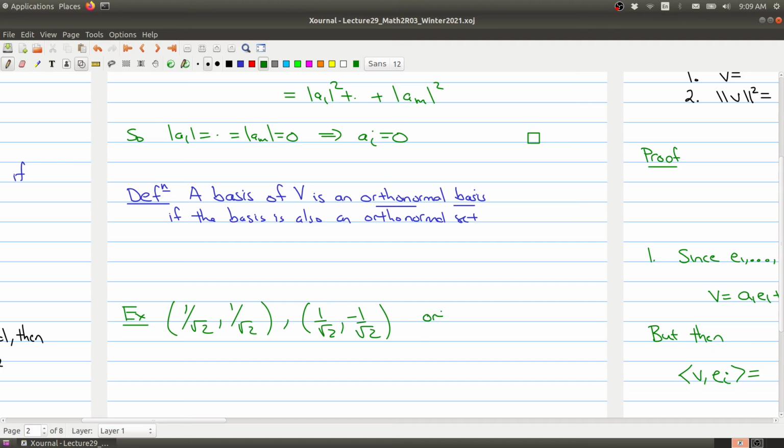This is an orthonormal basis in R^2 with the standard Euclidean inner product. It's a basis for R^2, they're linearly independent, their norms are both 1, and they're orthogonal vectors. We'll pause here and set up some more properties of orthonormal bases, and then the Gram-Schmidt theorem.